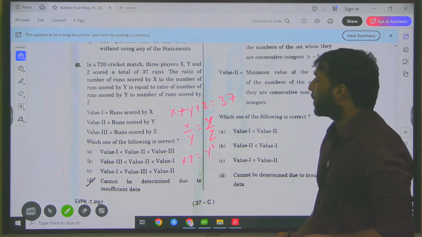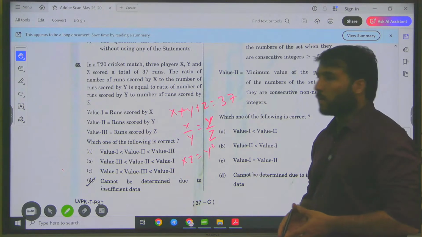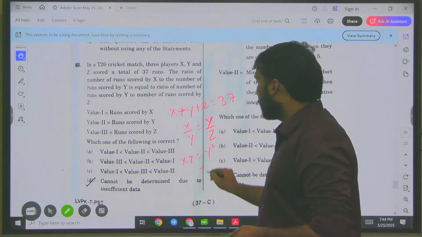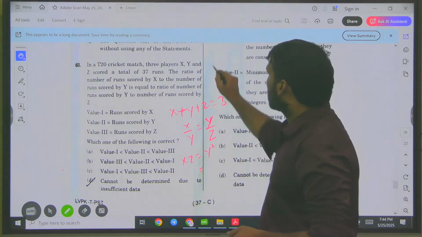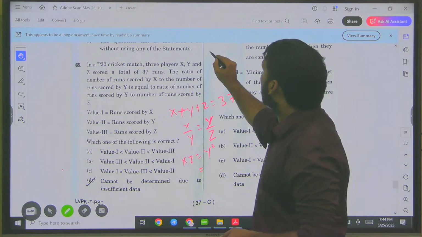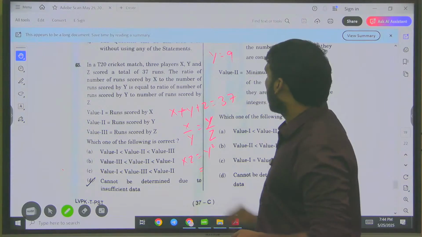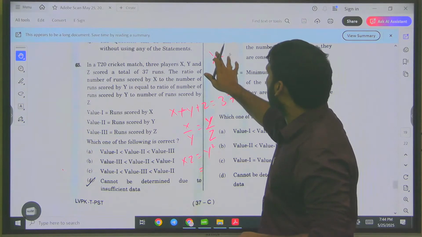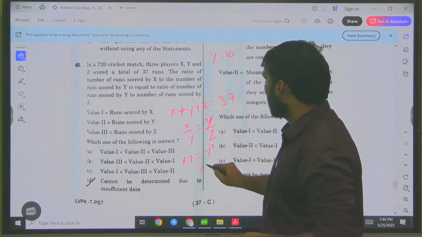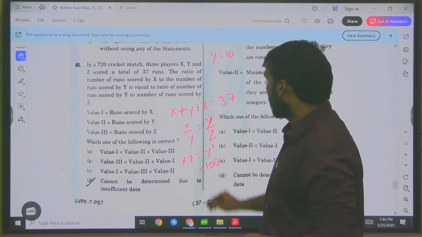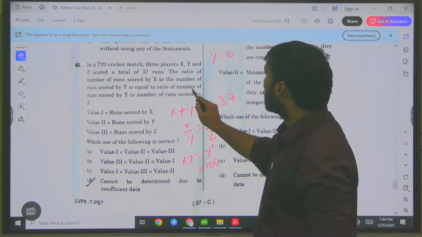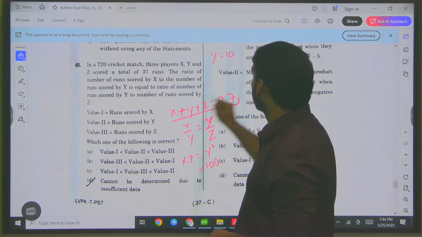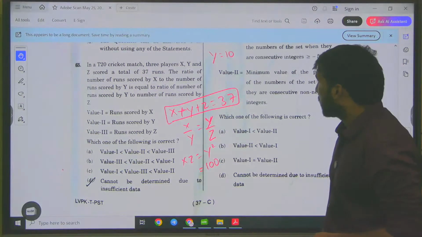I should get the sum as 37. Roughly, if I take Y as 9, or else Y as 10, how much will it be? 100. So the condition is that the sum should not cross 37.